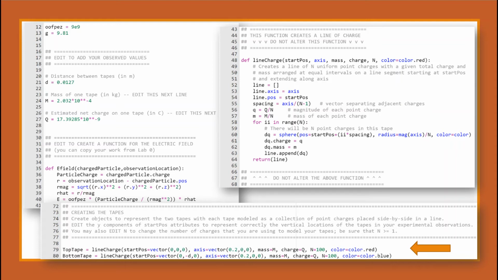N represents how many points I am using, so how many times I am splitting the tape up to calculate the electric field at each point. The more times I split it up, so the higher that N value, the more accurate a calculation I will get. The top tape is red and the bottom tape is blue, which you'll see in the next slide.